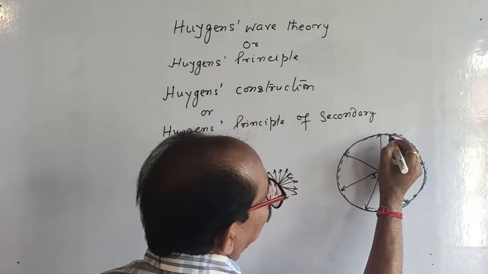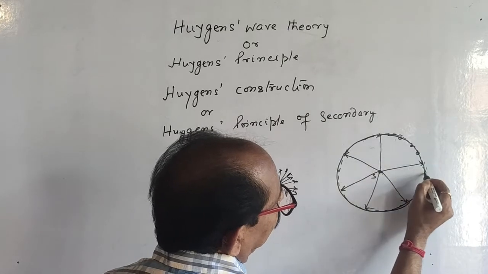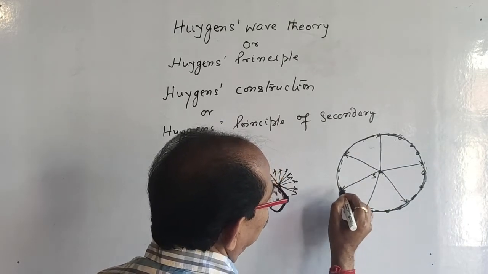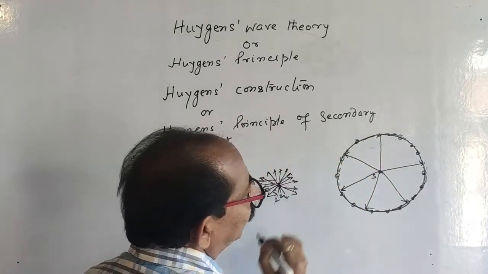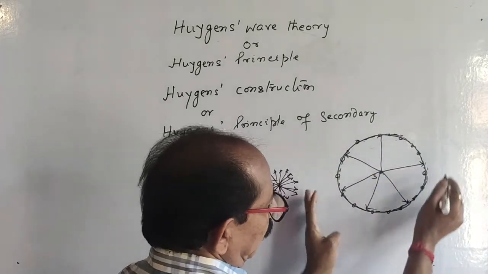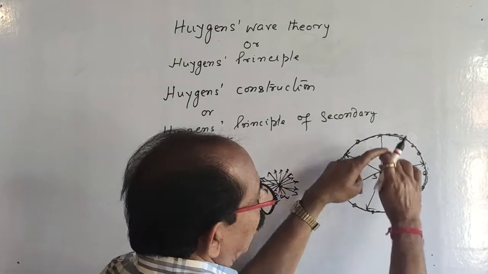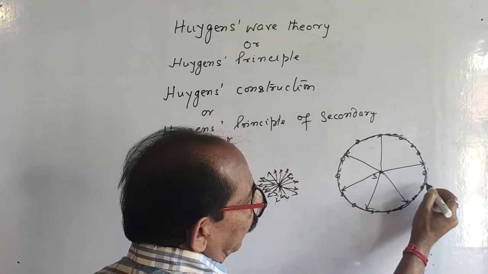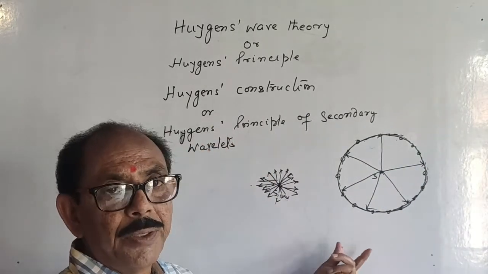All these points receive the wave at the same time. All the particles or points on the surface receive the wave in the same time.